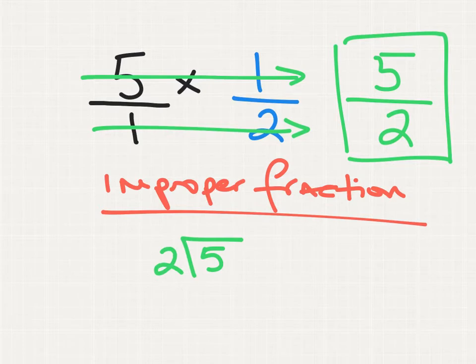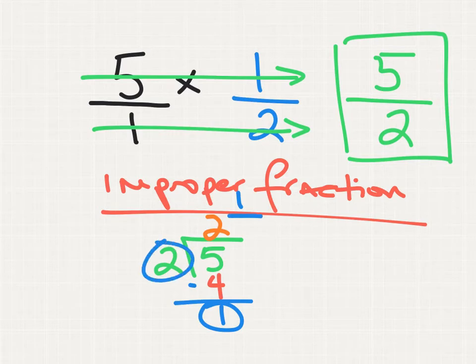How many groups of 2 can I make from 5? Well, it looks like I can make 2. 2 times 2 is 4. 5 minus 4 is 1. When working with fractions, I'm going to take my remainder, make it my numerator, and keep my denominator that I started with.